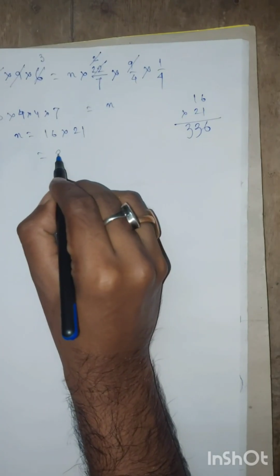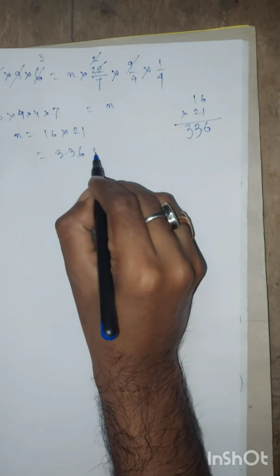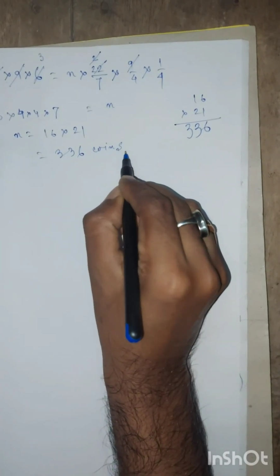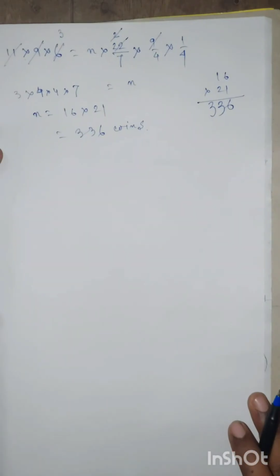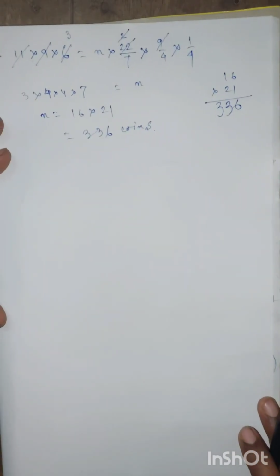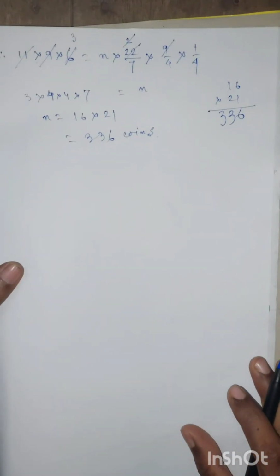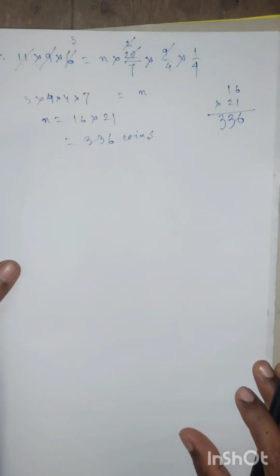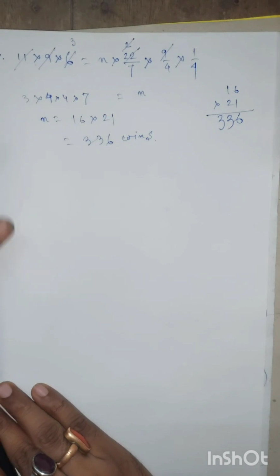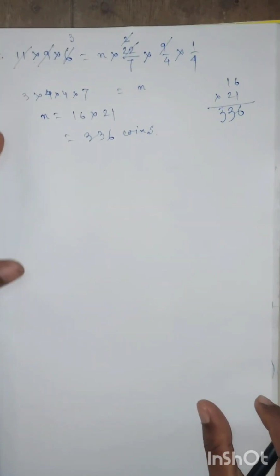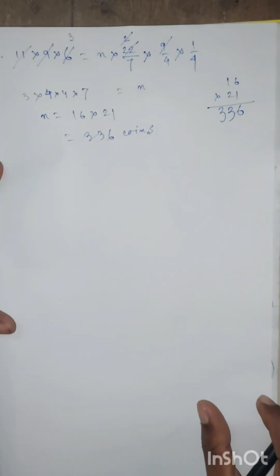So 336 coins can be made using that parallelepiped. I hope this question is clear to you. Now, friends, let us proceed to our next question.